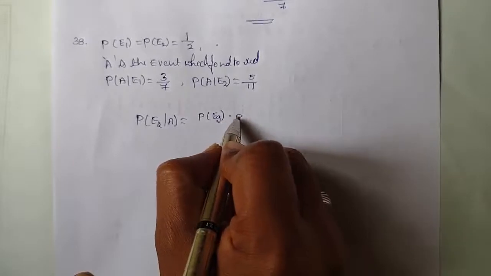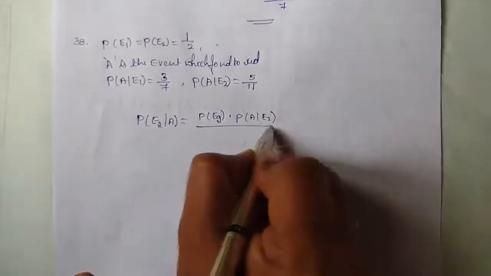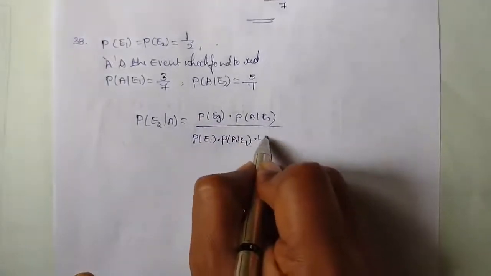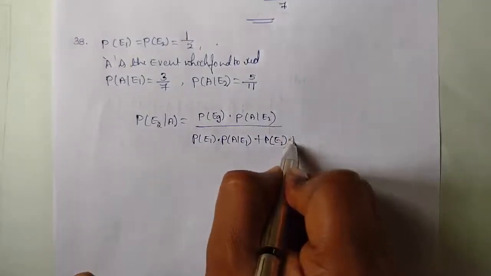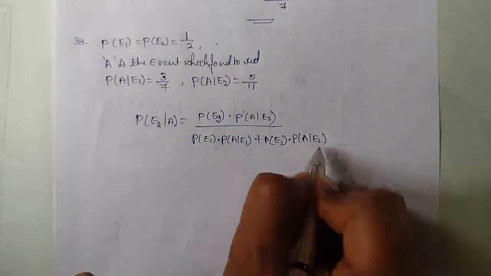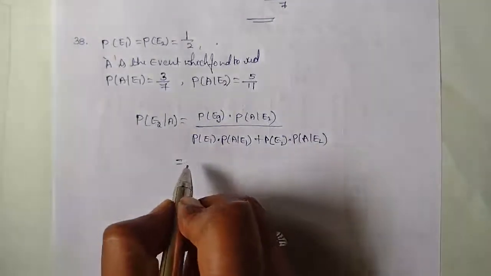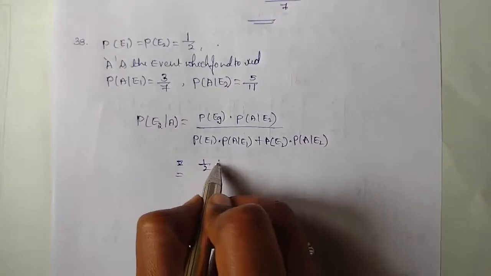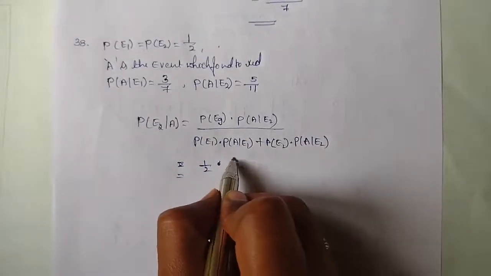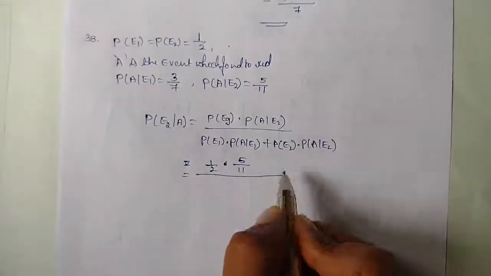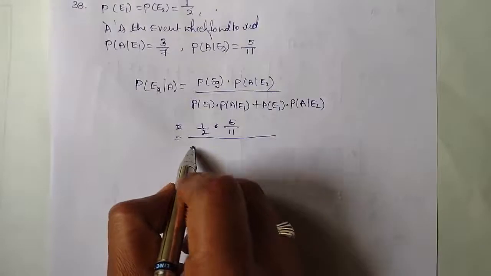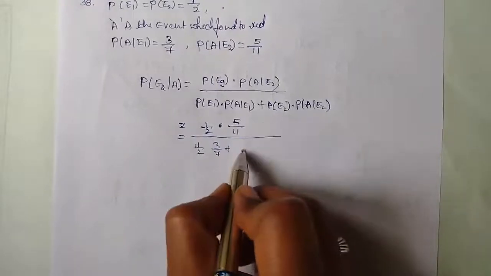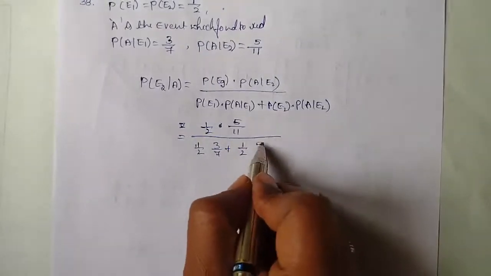P of E2 given A is equal to P of E2 into P of A given E2, whole divided by P of E1 into P of A given E1 plus P of E2 into P of A given E2. That is equal to P of E2, 1 by 2, into P of A given E2, 5 by 11, whole divided by P of E1, again 1 by 2, P of A given E1, 3 by 7, plus P of E2, 1 by 2, P of A given E2, 5 by 11.